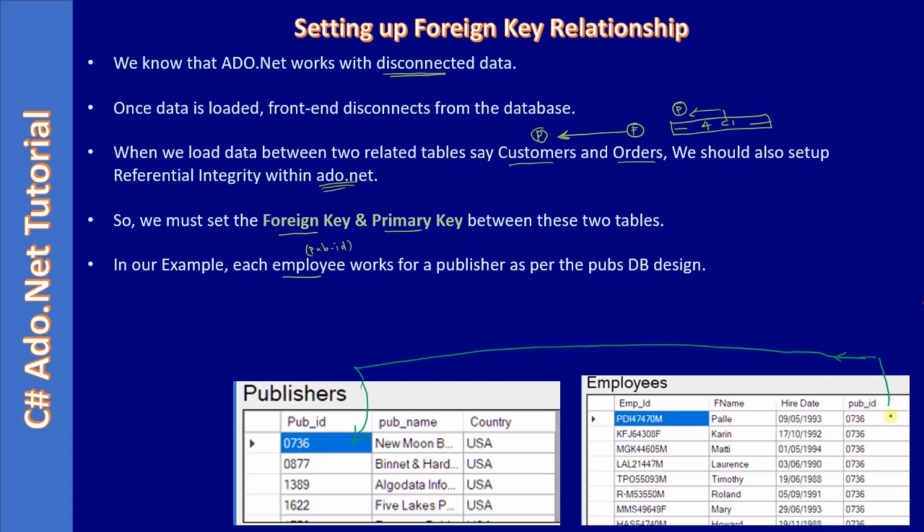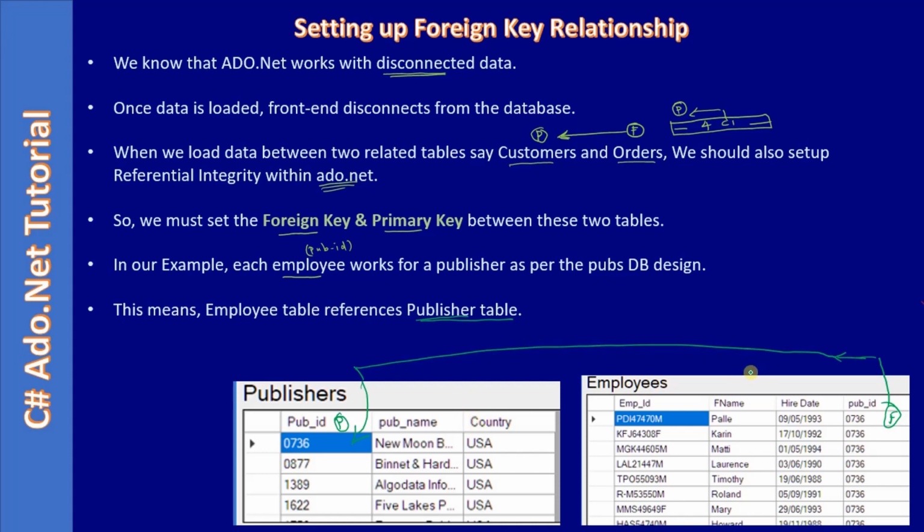So we call this as a foreign key, and here publisher ID is the primary key. This means employee table references publisher table. Employee table is referring the publisher table.